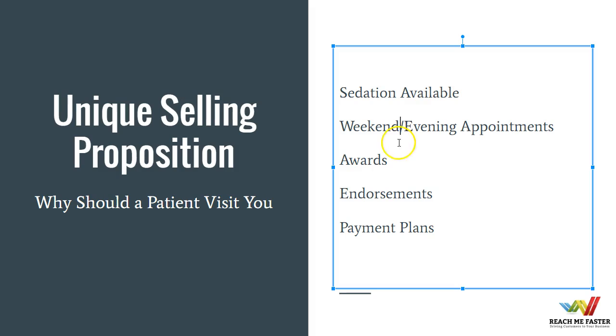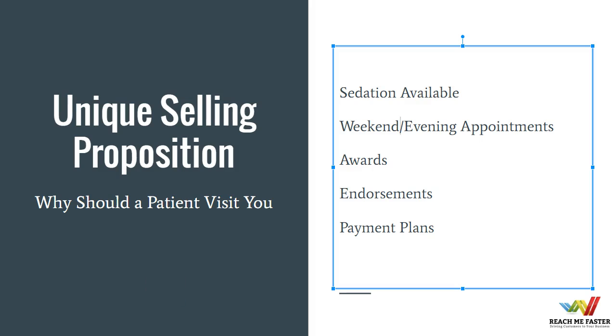And then of course there's awards. So if you have received recognition from a third party, such as an award, or for example being voted by consumers as the best dentist or best orthodontist or best implant dentist, etc., then you can use those in the ad.